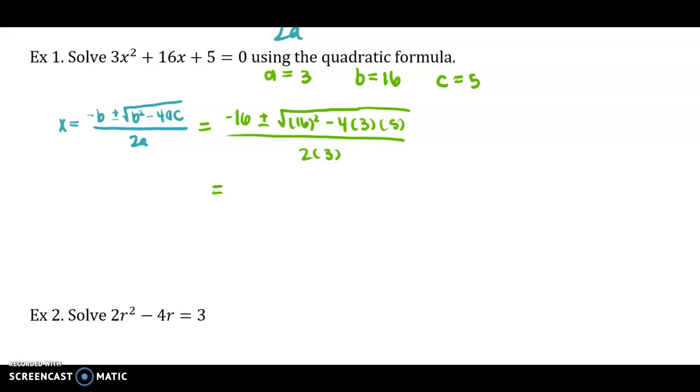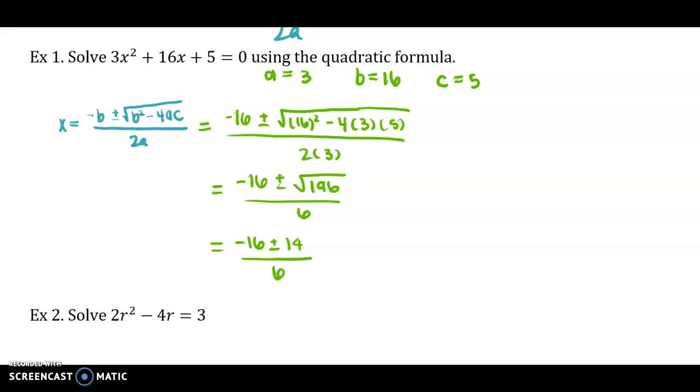What I like to do is plug everything that's inside the radical into my calculator, and that gives me 196. The square root of 196 is actually 14. So that's going to be negative 16 plus or minus 14, all over 6.